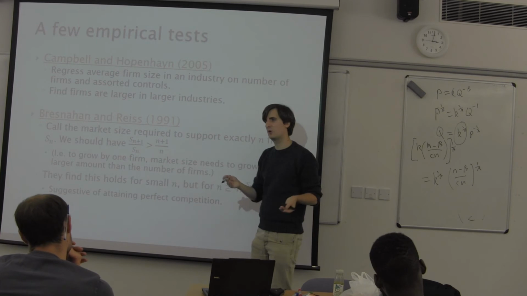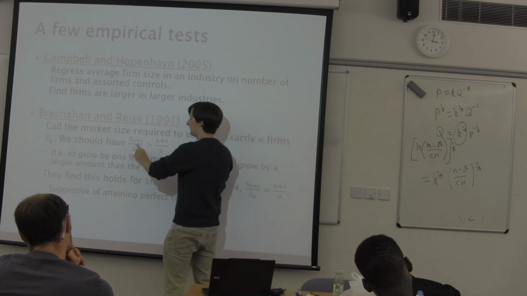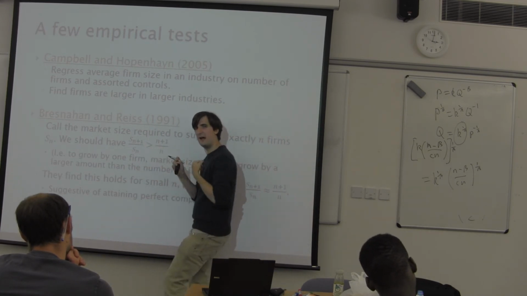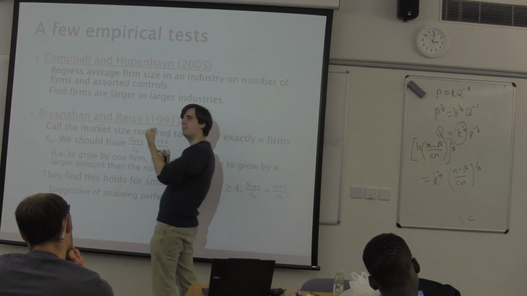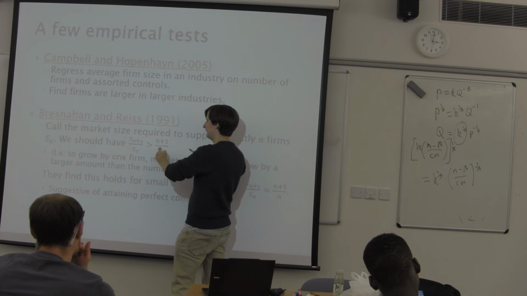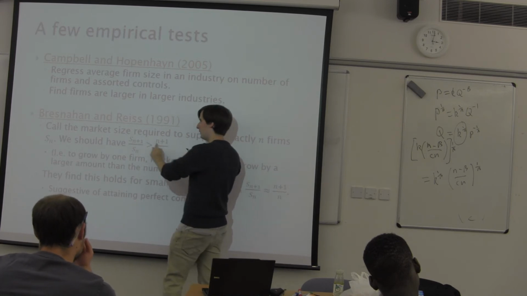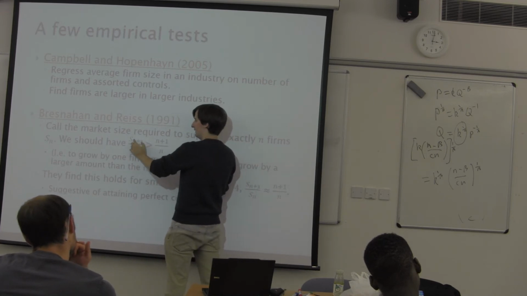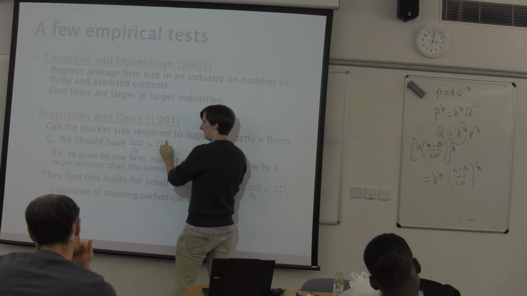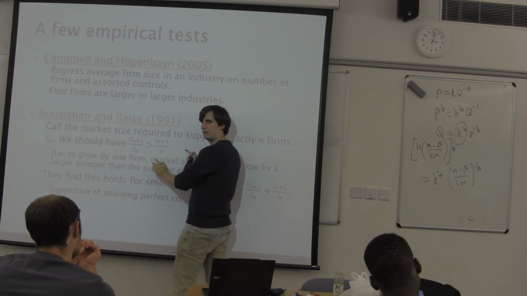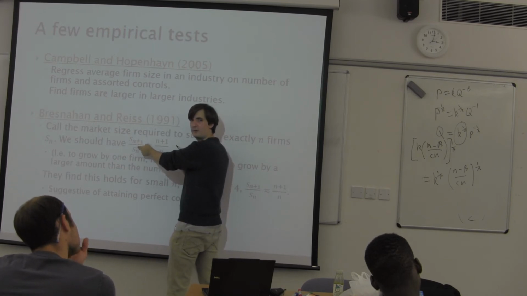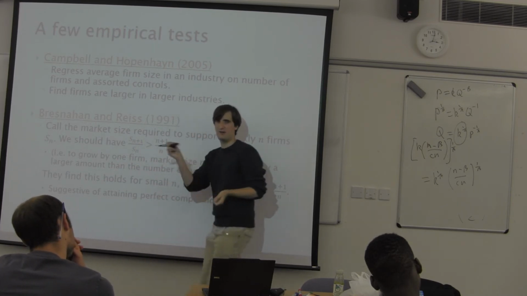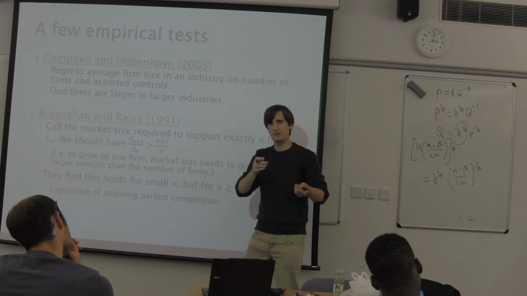But if this Cournot story is true, then to support n plus 1 firms, you'll need a proportionally bigger market than the growth in the number of firms. So if the Cournot story is true, this ratio must be bigger than this ratio. So you need a bigger market to support n plus 1 firms than is just suggested by the ratio of n plus 1 over n.